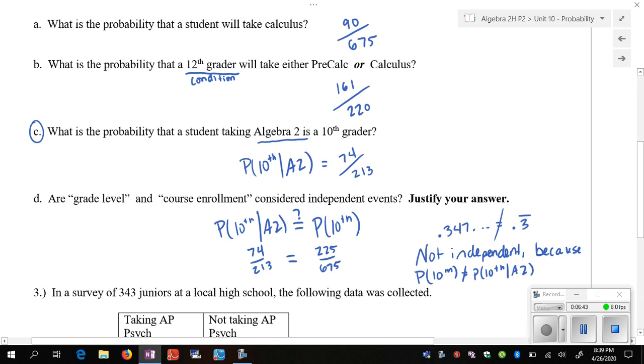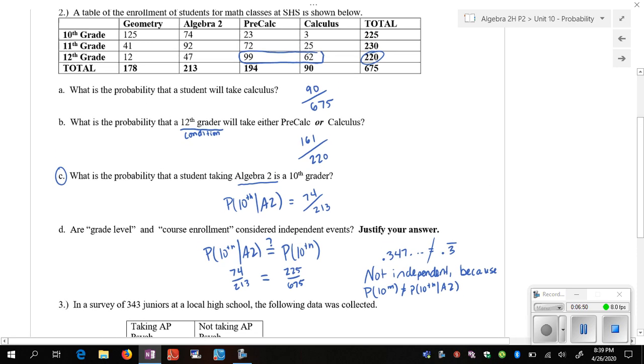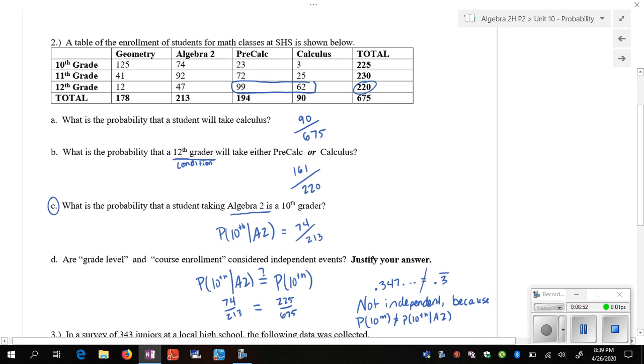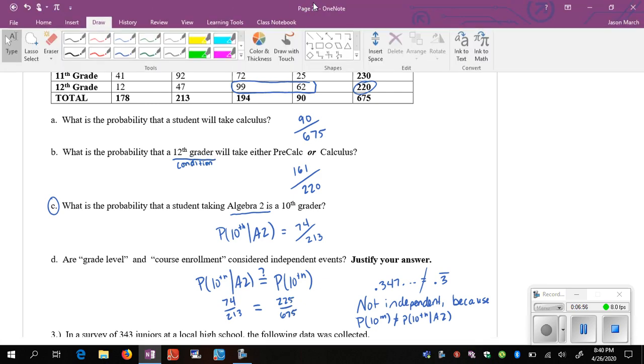I could have done a conditional probability with B, or I could have used any other course here to answer this question. A neat trick that happens with two-way tables is a consistent proportionality.